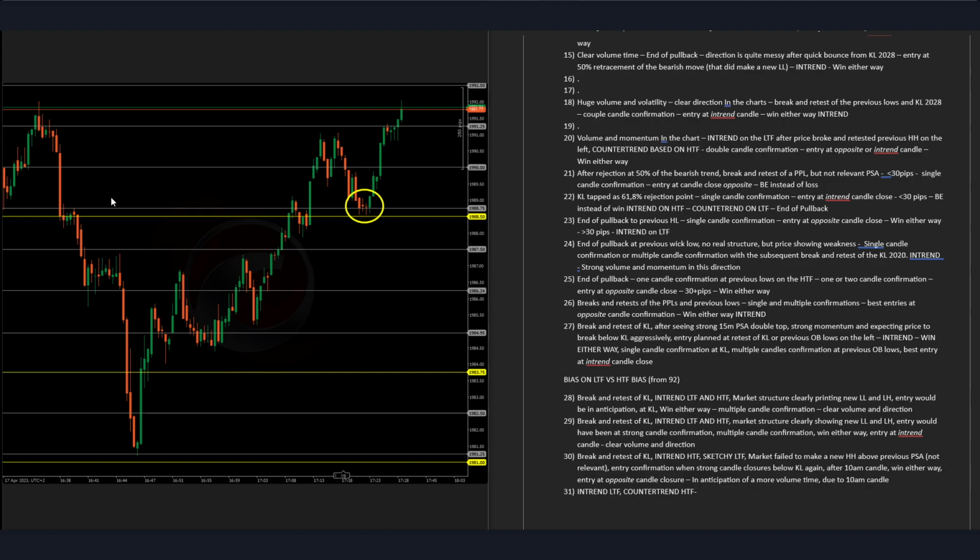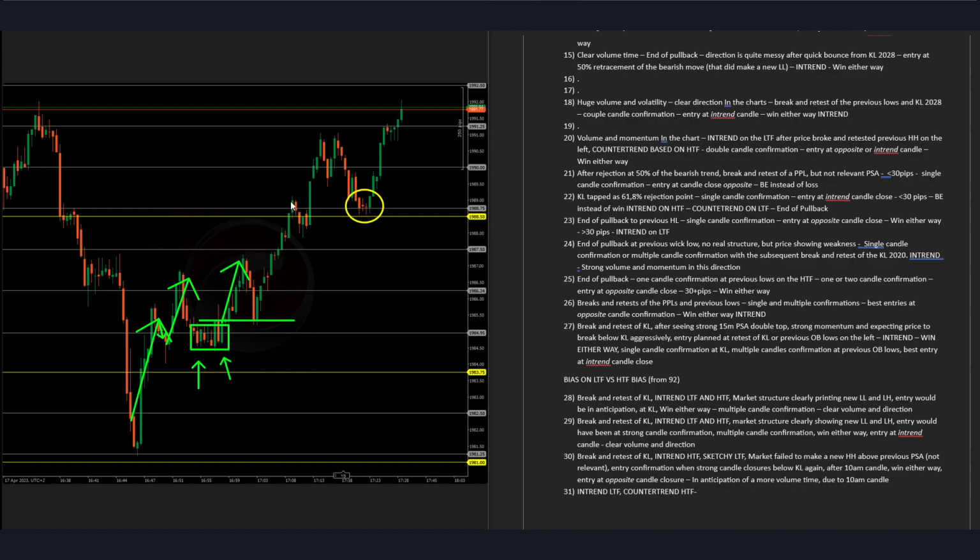You can see this slowdown in the bearish momentum. We also have a retest of this level, and we are now making a new higher high and then a new higher low. We are breaking above over there.